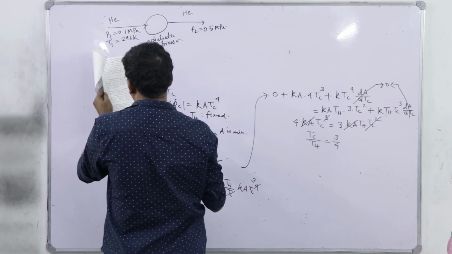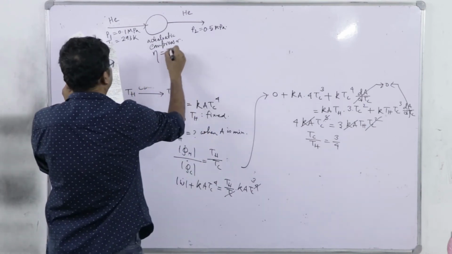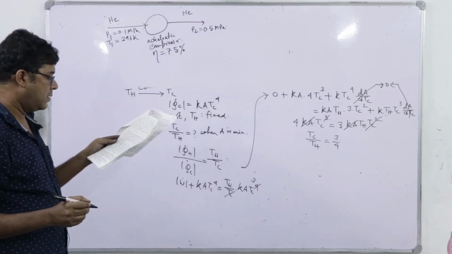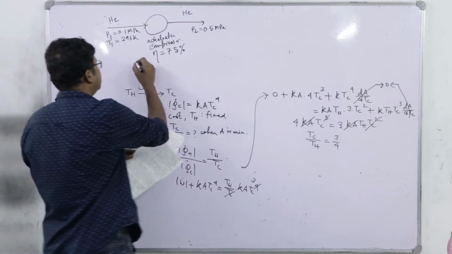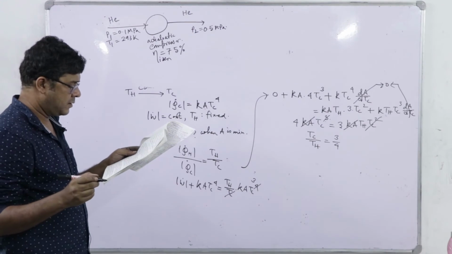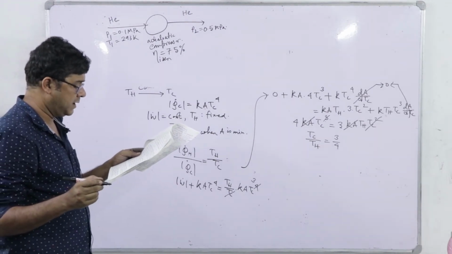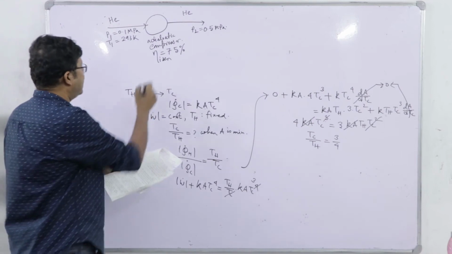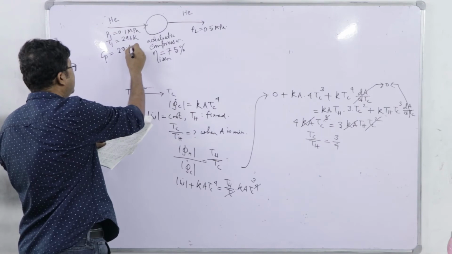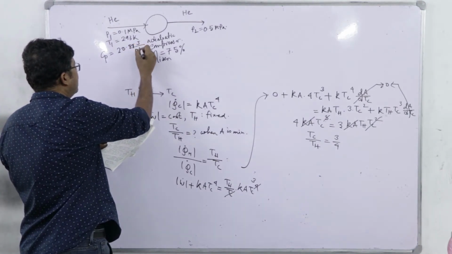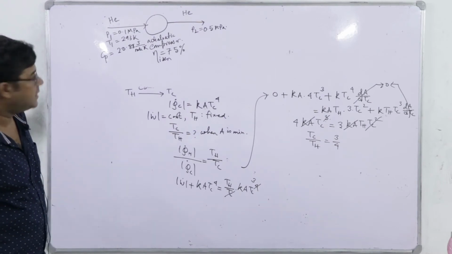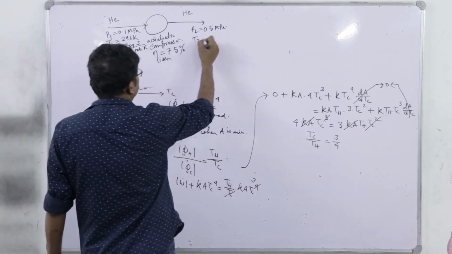It is assumed that the compressor operates with an efficiency of 75% compared to isentropic. So, this is isentropic efficiency. What will be the final temperature of helium? Helium may be considered as an ideal gas. So, Cp given is 20.88 joule per mole per Kelvin. Right. So, you have to find out the final temperature T2.